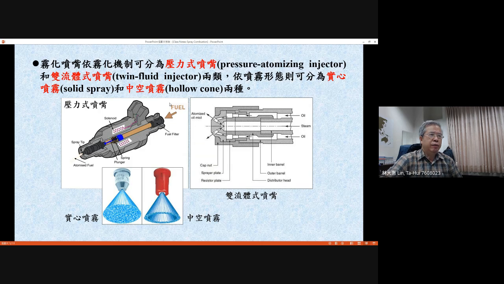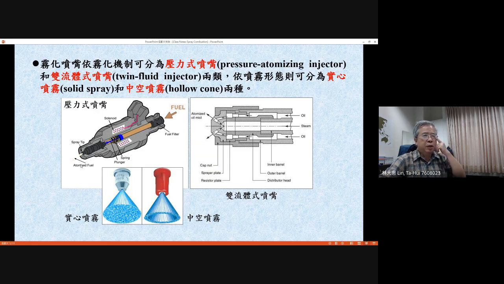You can see this is a fuel supply with high pressure, and that pressure will push your plunger or piston to move away because this force is large enough to push your spring to the upstream side. This allows the fuel to flow through the injector. Then you will see the spray coming out. This is a typical pressure atomizer, which requires pressure to push your liquid out of the injector.